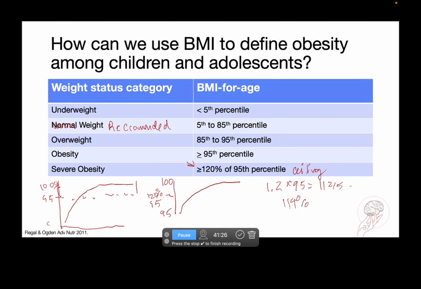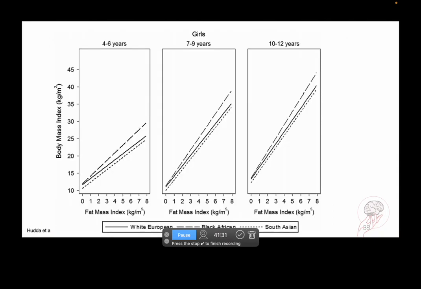Like I said, the ceiling effect gets confusing. So now let's take a look at the difference between age and ethnicity. Here we just have girls, and they're 4 to 6 years old, 7 to 9 years old, and 10 to 20 years old. We also have 3 different ethnicities: Southeast Asian, Black African American, and White European.